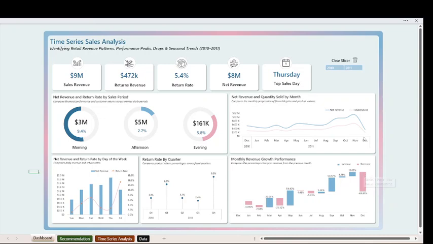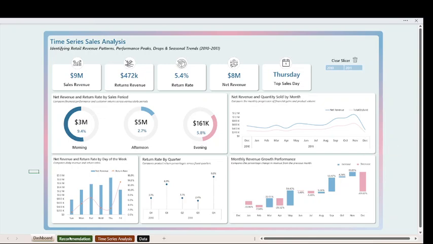The highest decrease, as you can see from my line chart over here, shows that 69.6% was lost in December of 2011.